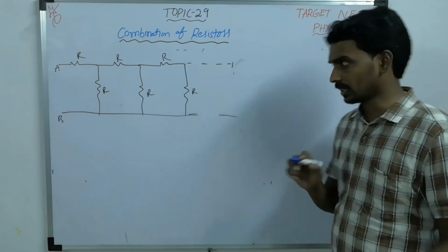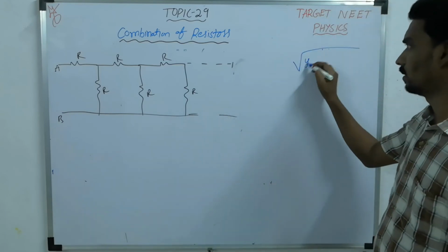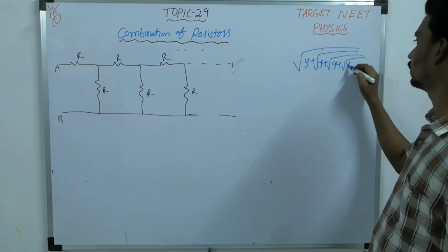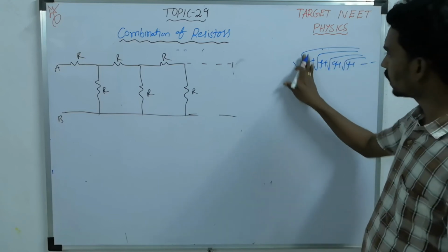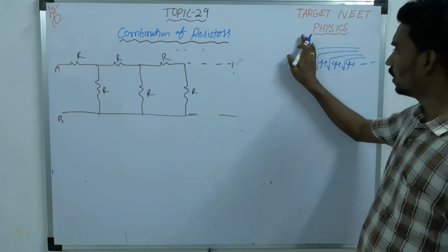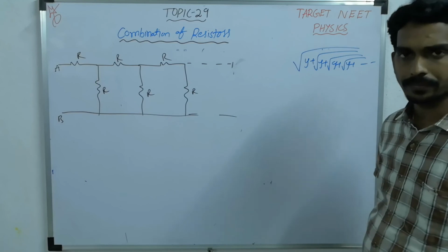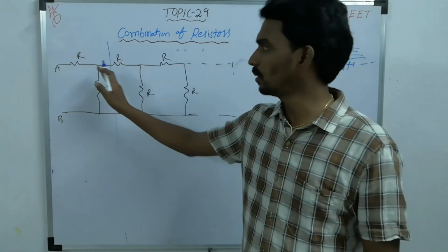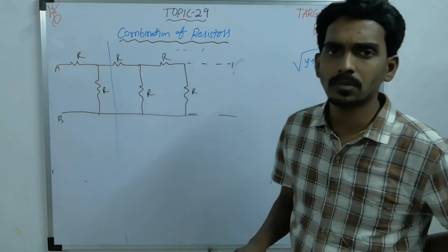See, in mathematics you will see one equation where if you consider this or if you don't consider this, the function looks the same. Similarly, if you remove this or if you add this, there is not much difference.